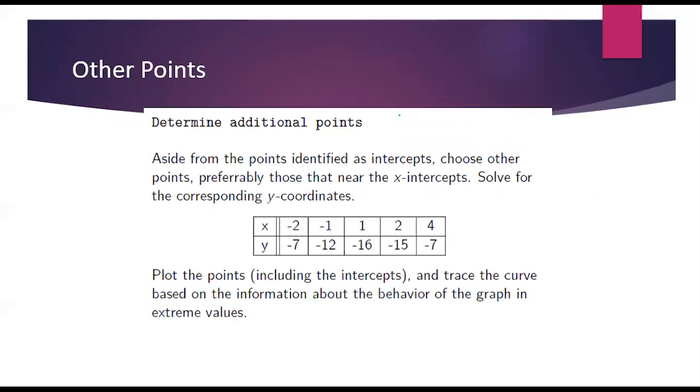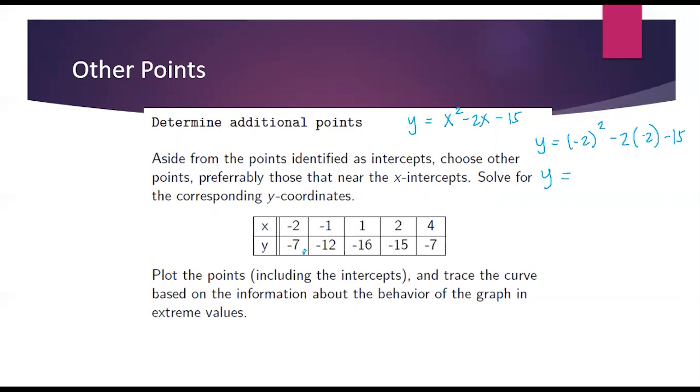If y is equal to x squared minus 2x minus 15, and x is equal to negative 2, that is negative 2 squared, minus 2 times negative 2, minus 15. Solving for this, I have 4 plus 4 minus 15, which will give you negative 7.